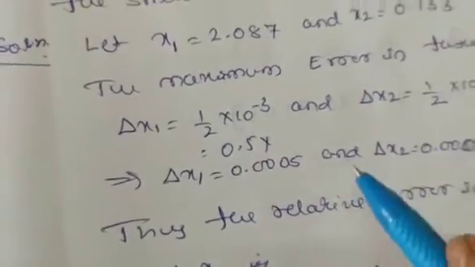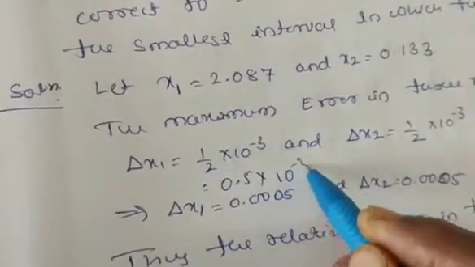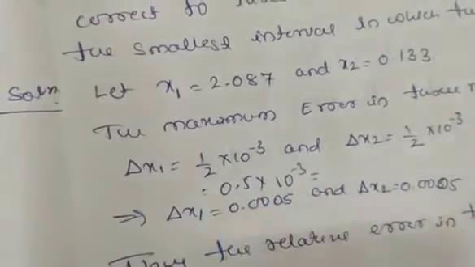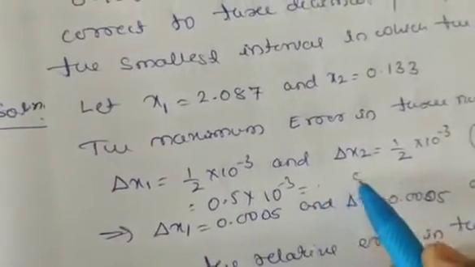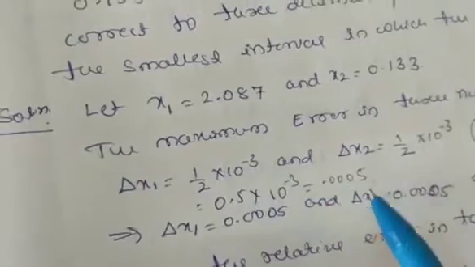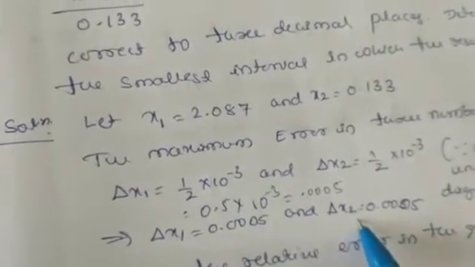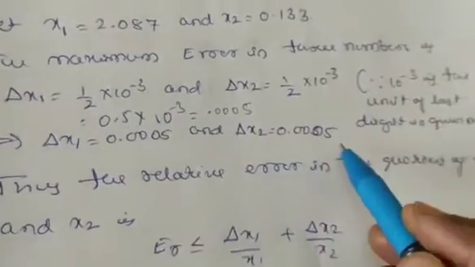Taking 3 decimal places back, the 5 is at the third place, so it is 0.0005. Similarly delta x2 is also 0.0005.